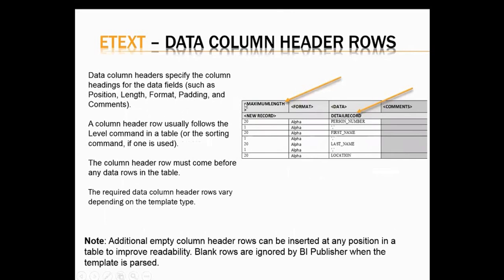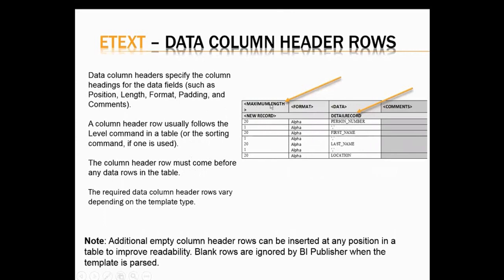Similarly, if it's delimiter based, then it is a delimiter field like that. These column header rows must come before any data rows in the table, before any data fields like person number, first name, last name are defined. Before that we have to define these column headers.